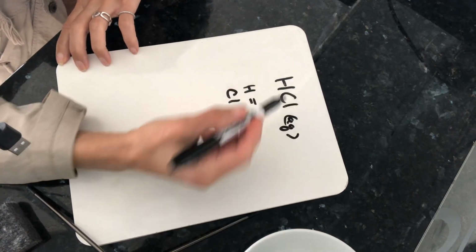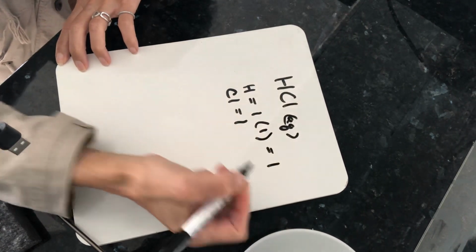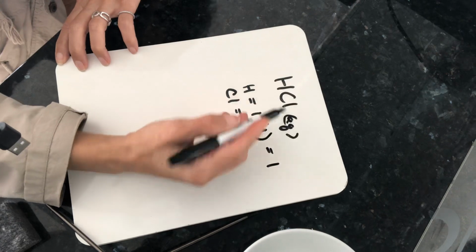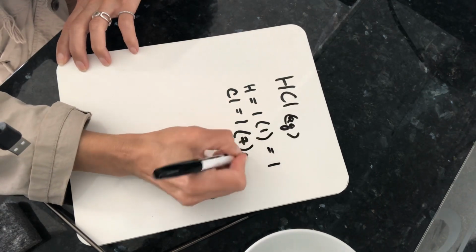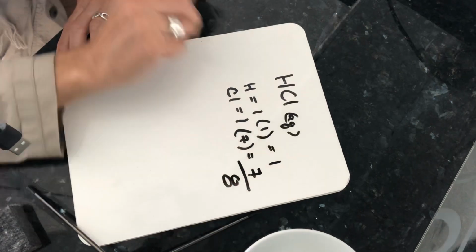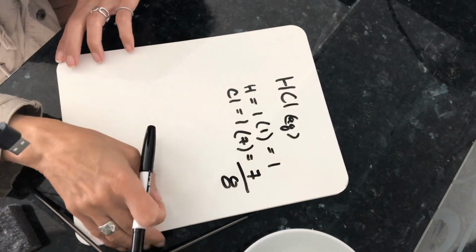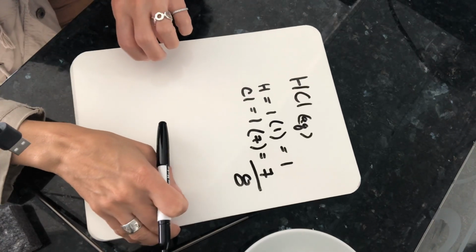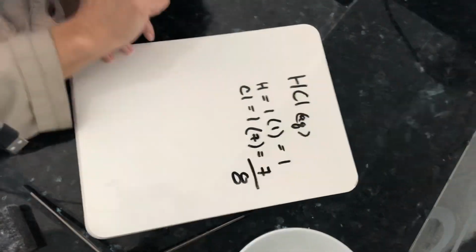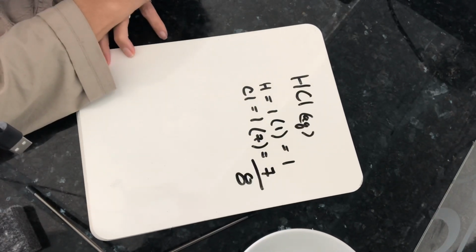The number of valence electrons for hydrogen is 1, and for chlorine it is 7. You're going to find the sum of those valence electrons, because those are the electrons that are available for bonding. Those are the electrons that we have to use to show how the molecule is connected.